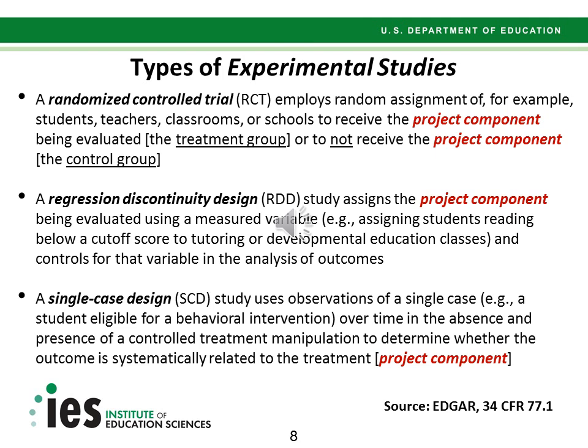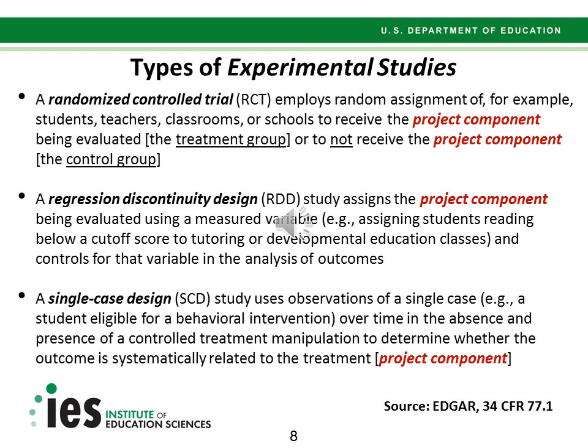A regression discontinuity design, or RDD study, assigns the project component being evaluated using a measured variable, for example, assigning students reading below a cutoff score to tutoring or developmental education classes, and controls for that variable in the analysis of outcomes.